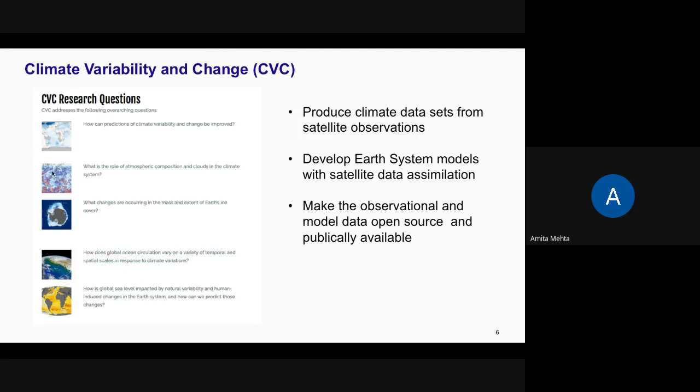For that, whatever measurements are needed in the ocean, land, and cryosphere relating to ice, missions are planned as well as models are developed. The overall goal is to produce climate data sets from satellite observations to understand and address these questions, develop Earth system models with satellite data assimilation, and make the observational and model data open source and publicly available so they can be used for research as well as applications all over the world.